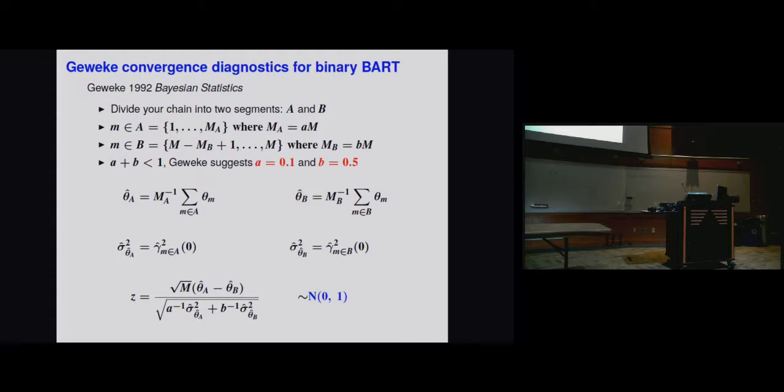I don't remember how he got that, but you can change that, but that's the default in our package. Now you have two estimates, from the A segment and from the B segment, of both the mean and the variance. So you can do just a normal test, like so. Those Z's should be distributed normally.